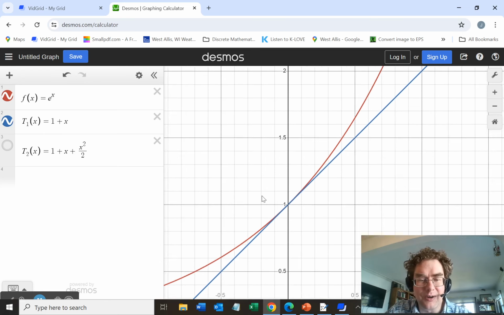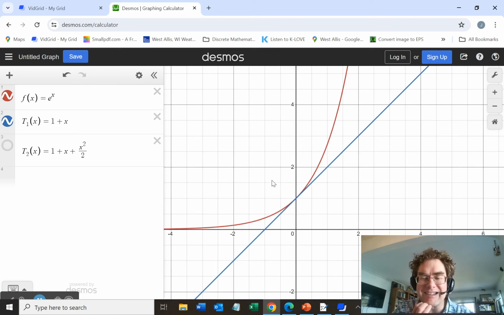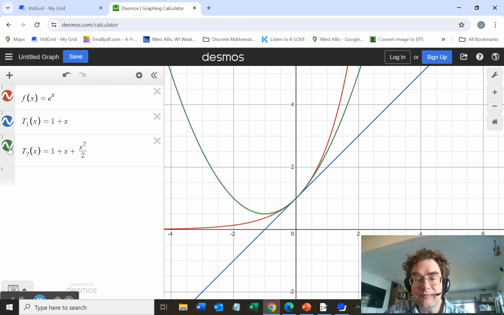Now, of course, as you zoom out, ooh, that line is not such a great approximation anymore. Once you get very far away from 0, let's say more than 1 away from 0, it's just not good at all. Let's see if the degree 2 Taylor polynomial approximation does better.